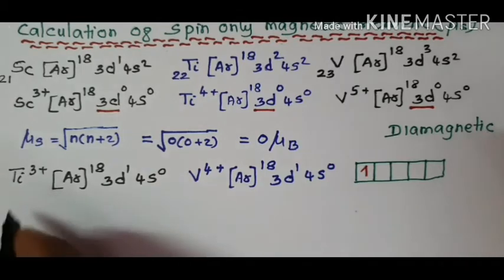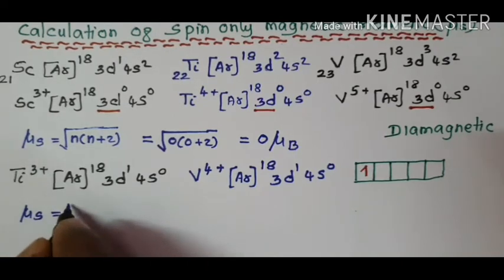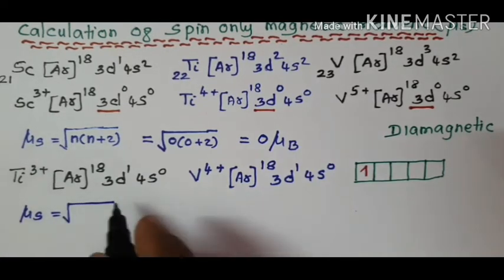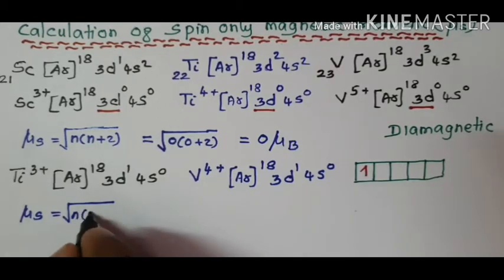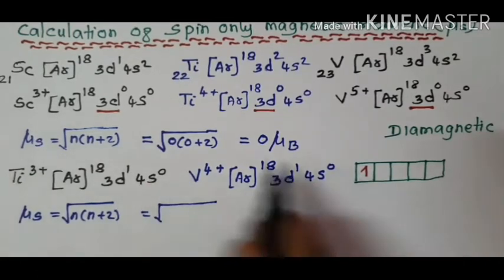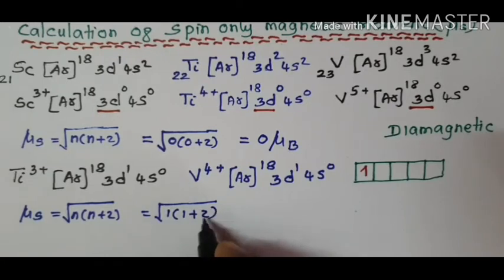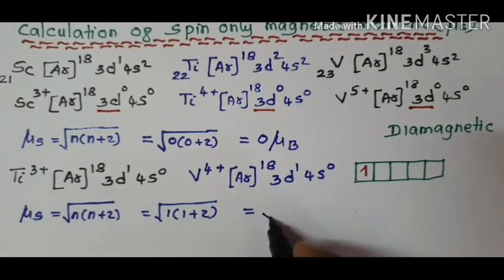Now, spin only magnetic moment mu s equals, what is the formula? Root of n into n plus 2, where the number of unpaired electrons equals 1. So 1 into 1 plus 2 equals 3.